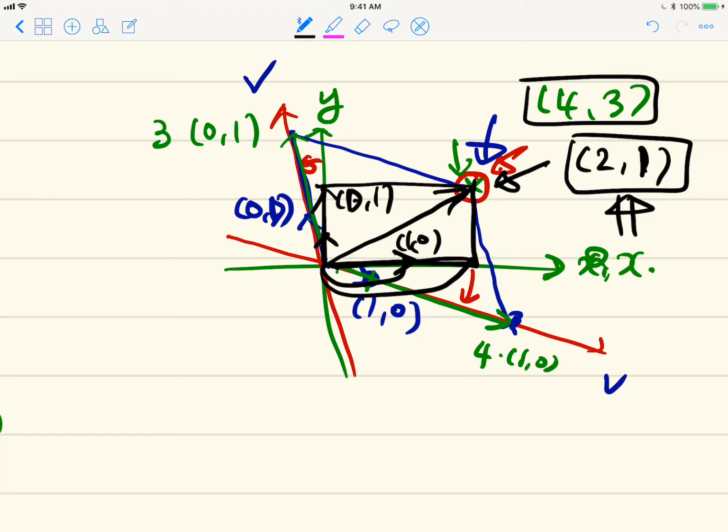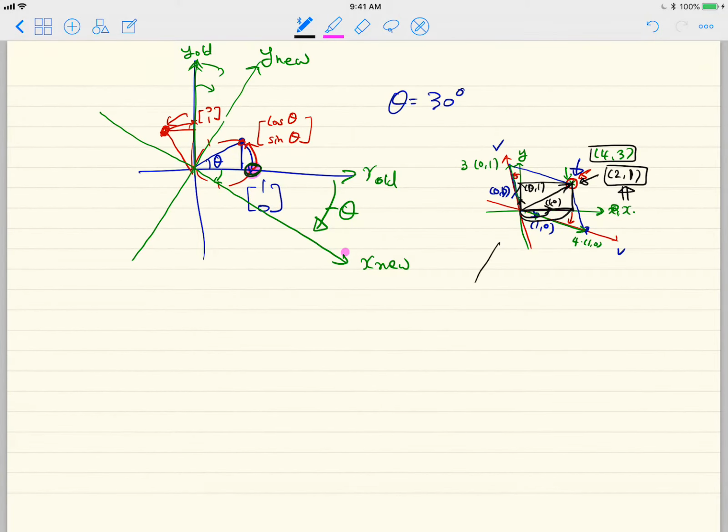Okay, so this kind of thing that we just did is called change of basis. Okay, so this is also a quite useful and widely used trick in linear algebra.